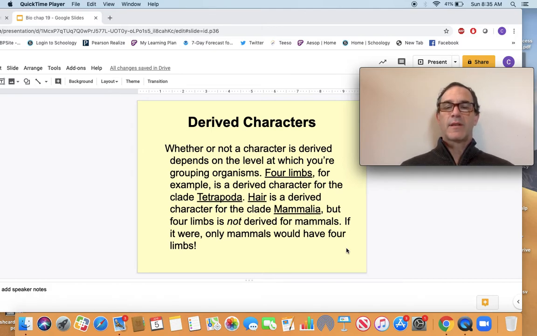And we know obviously that there are other members of groups like, let's say, lizards, which have four limbs, but they're not members of the mammal group. So Tetrapoda would be a bigger, broader group, maybe like, well, let's say an order, and a mammal would be something like a class, a smaller, more distinct group.